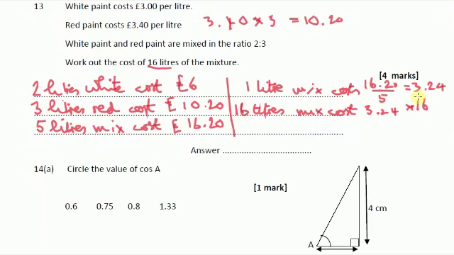And you can do that by hand. It's not too bad. 16 times 4 is 64, carry 6. 16 times 2 is 32, is 38, carry 3. 16 times 3 is 48, 51. You can do it your own way, but we end up with the same answer, £51.84.